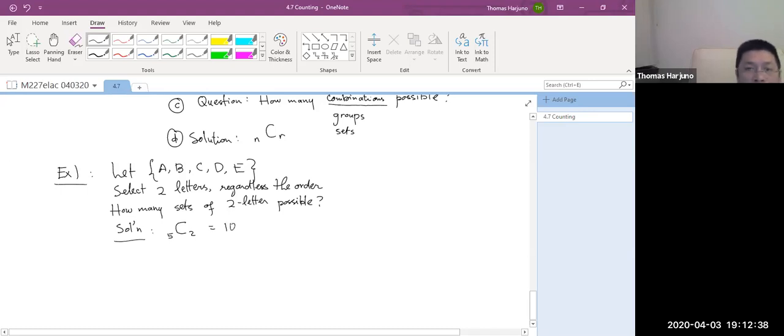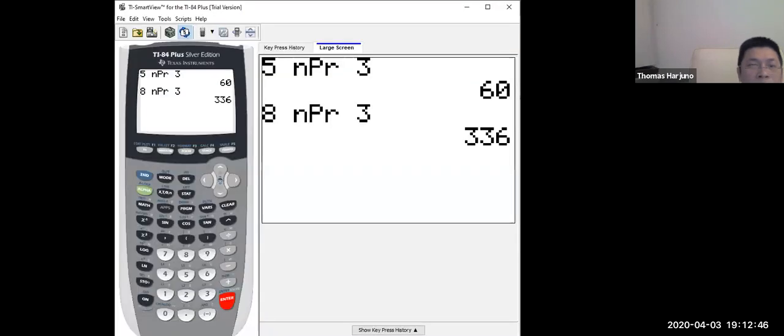Now let's see how to use our calculator. 5 combination 2 is very, very similar to 5 permutation 3, 5 permutation 2. I start with punching 5.